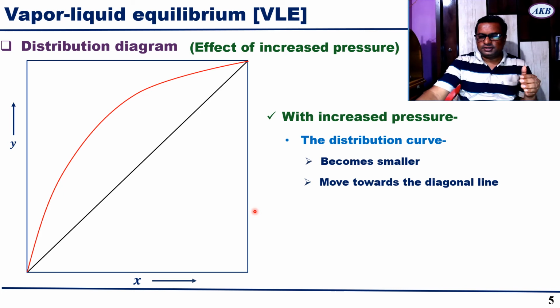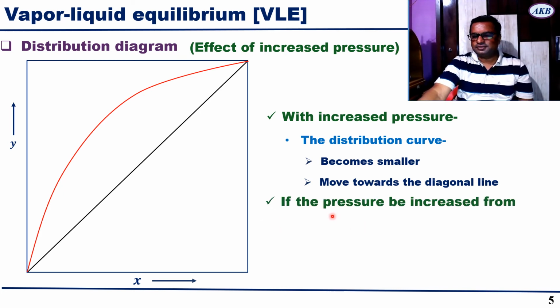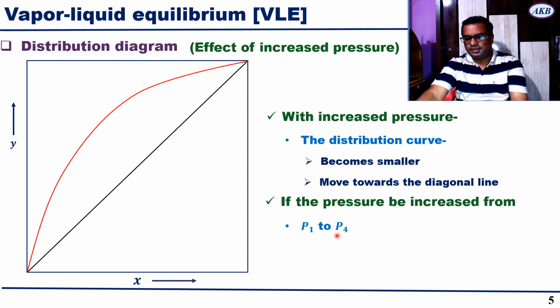Okay. So let us understand. Now, let us for example say the pressure is increased from P1 to P4, where P1 is less than P2, that will again be less than P3, and P3 is less than P4. Now let us say that this curve is obtained at a pressure of P1, and now we are increasing pressure from P1 to P2.